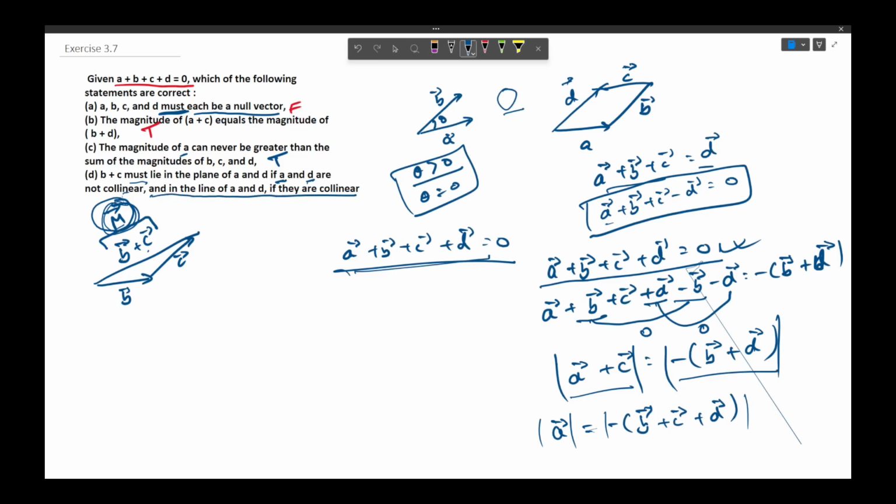If A and D vectors are collinear, let us assume that this is vector A and this is vector D. It is saying that the vector M must lie in the same line as vector A and D if they are collinear. This is pretty obvious, as the resultant vector will still have the same direction as that of A and D. So they must lie in the same line or same direction for this condition to be true. So again, the fourth statement is correct.